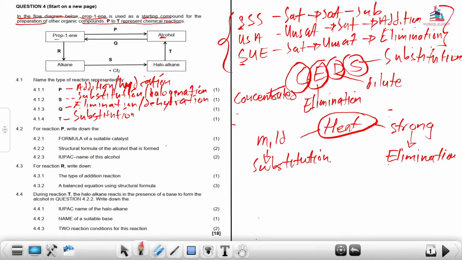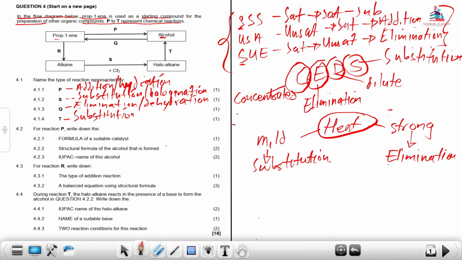So this assists a lot in terms of us getting the right answers. So already I know that these 4 marks are guaranteed out of the 18 because of the analogy that I have. So now for reaction P, that is now 4.2, formula of a suitable catalyst.